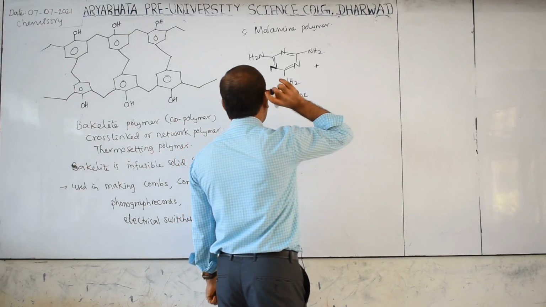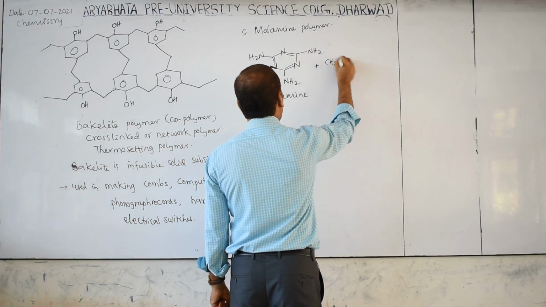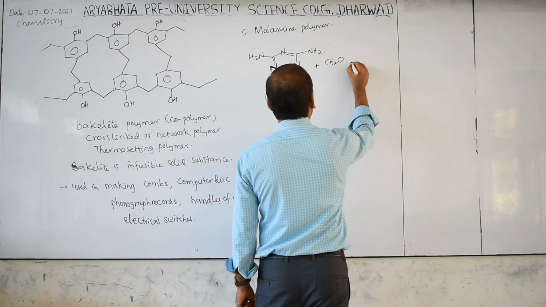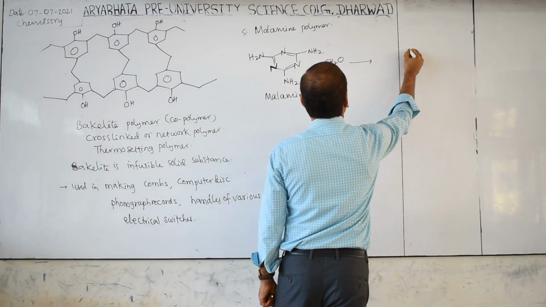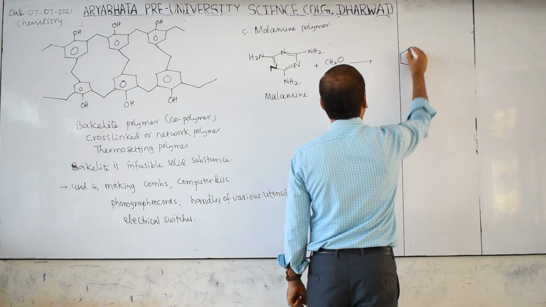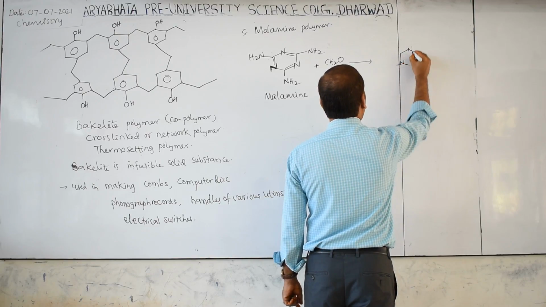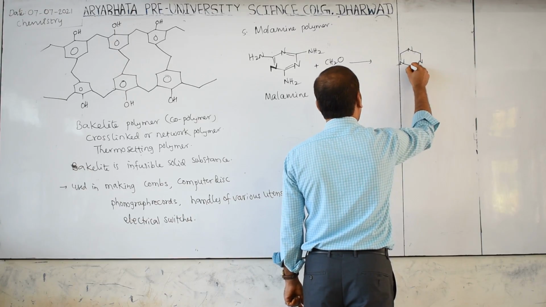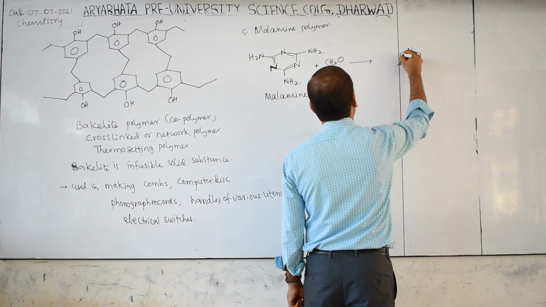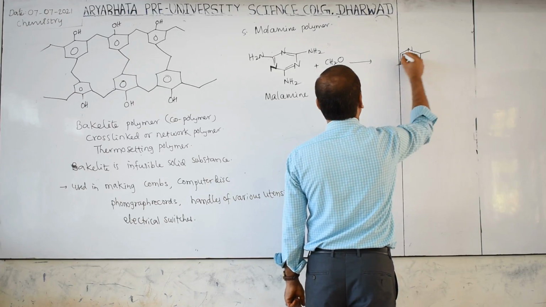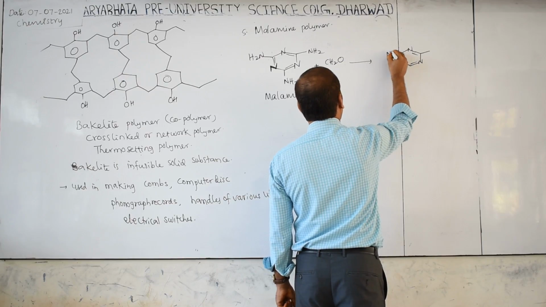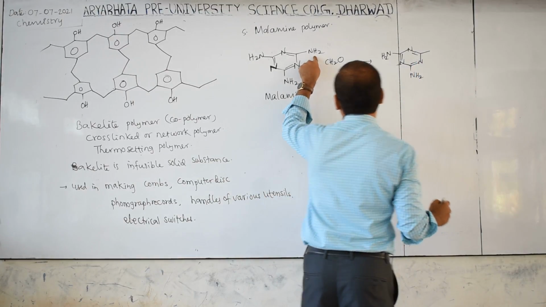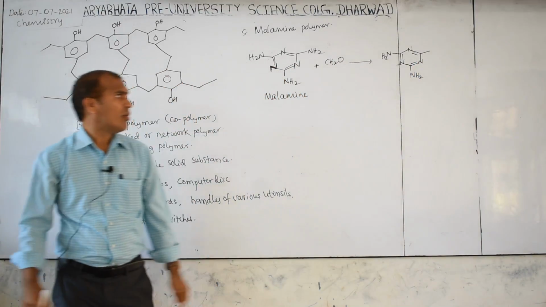And this reacts with formaldehyde. Then double bond, double bond, double bond, NH2, NH2, here NH and here oxygen.